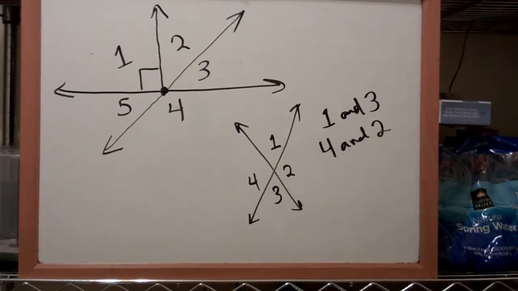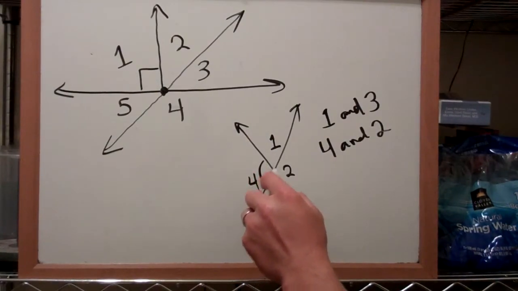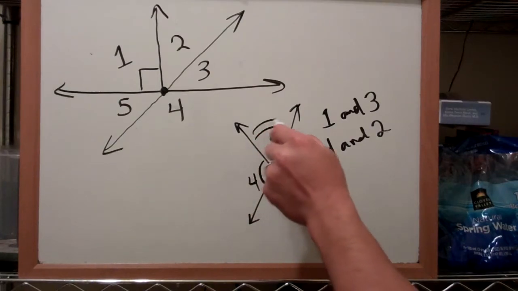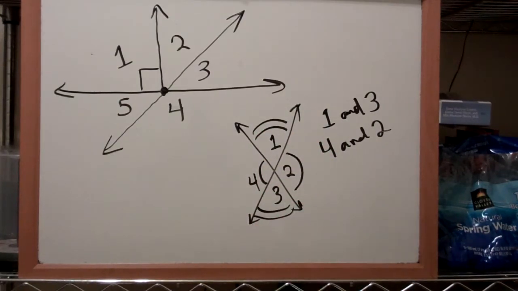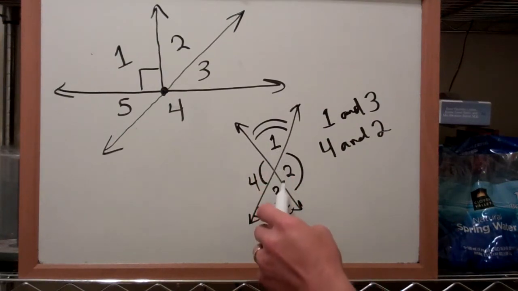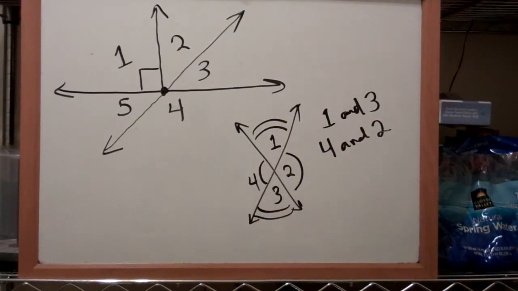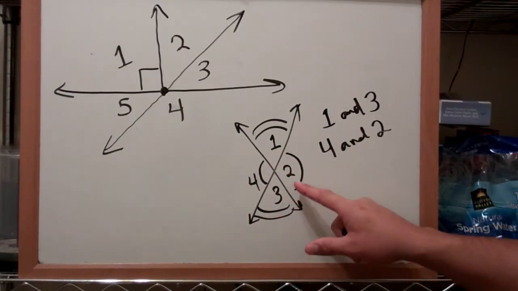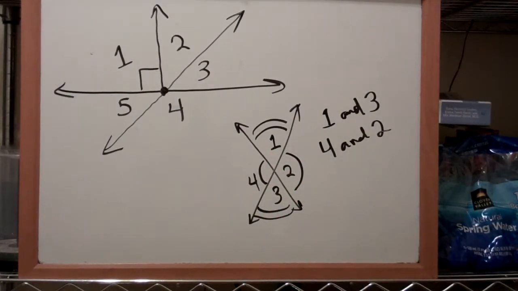Angle 4 and angle 2 are congruent, and angle 1 and angle 3 are congruent. But obviously angle 4 and angle 1 are not the same, and 3 and 2 are not the same.